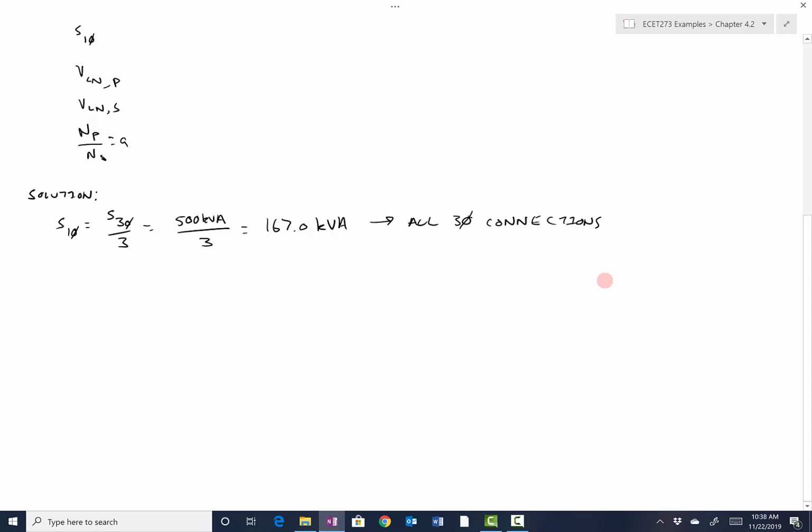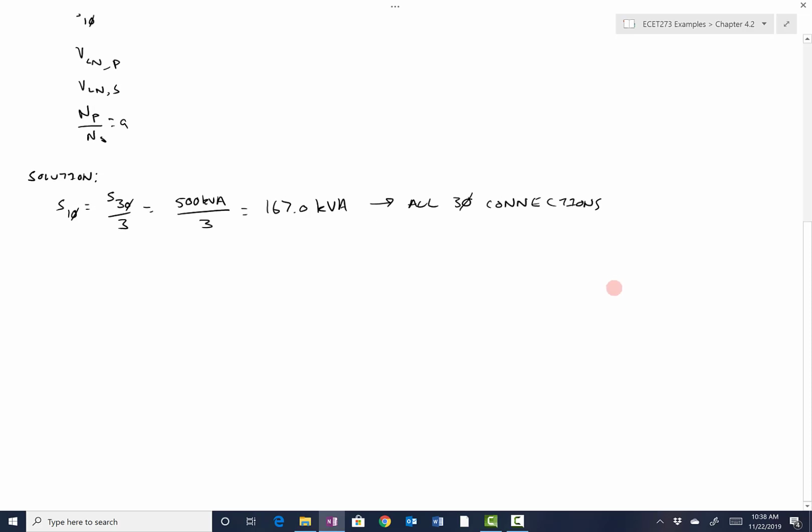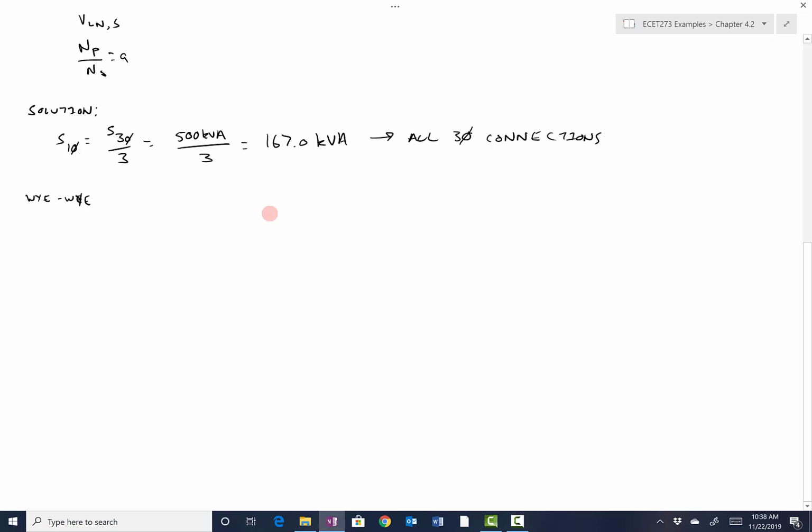So now I'm going to go through A through D and find out the different voltage and turns ratio calculations that are being asked. First we'll start with the Y connection. I always find it helpful to go ahead and draw the connection. So there's a Y transformer on the primary side, and there's the Y transformer on the secondary side.